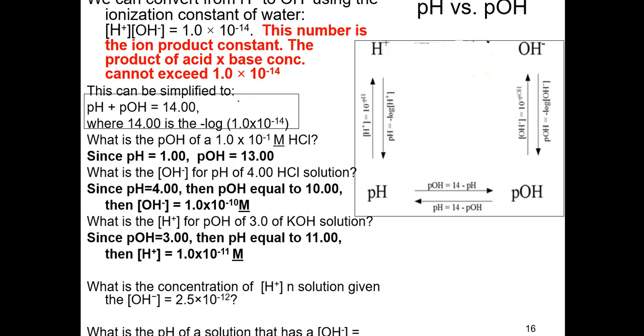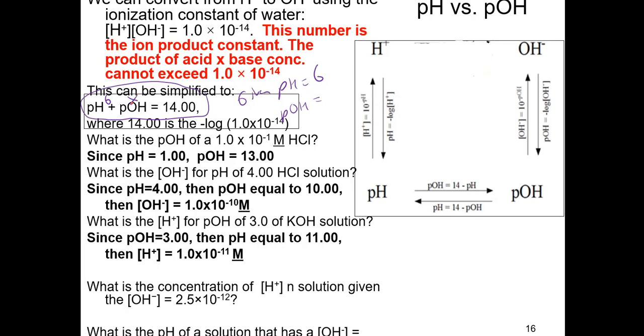If I was given a pH of 6 and I wanted to know what the pOH is, then I just have to plug it into this formula right here. So the pH in this case would be 6.